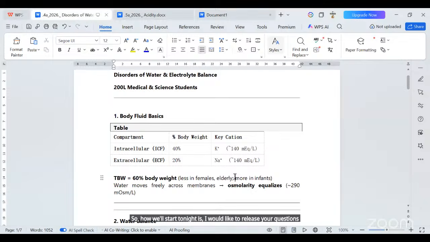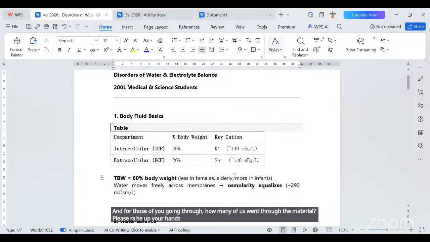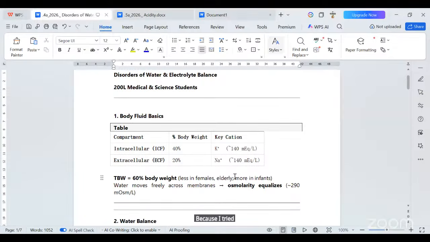For those of you who went through the material, how many of us went through the material? Please raise up your hand. Because I tried to simplify it as much as I could. But if you have questions, please let us know. Otherwise, let's just dive straight into today's topic.